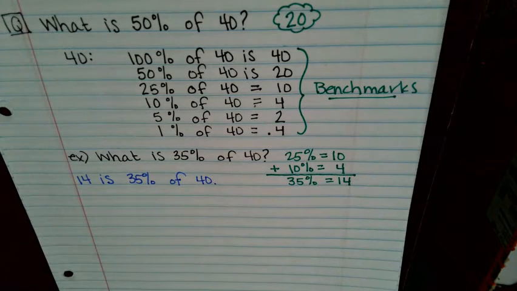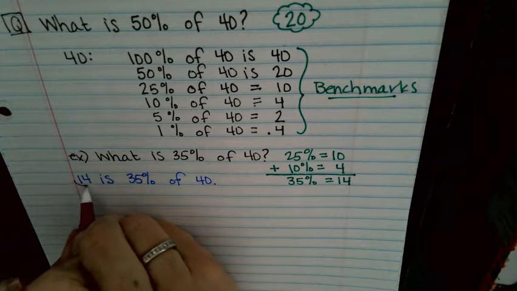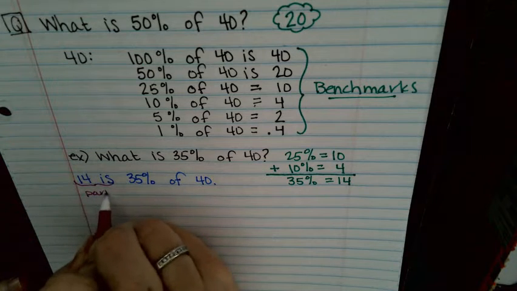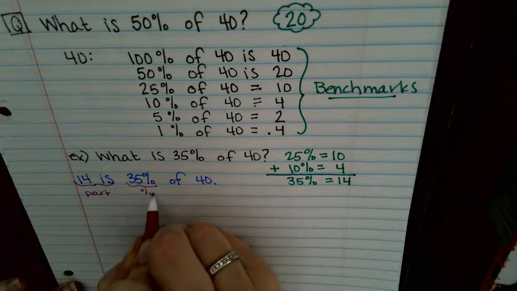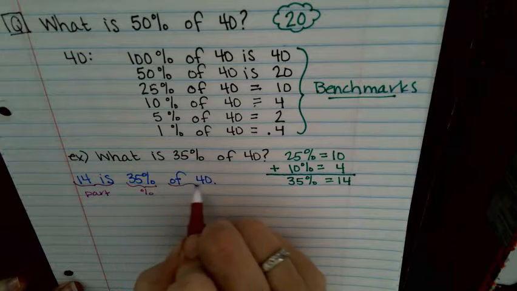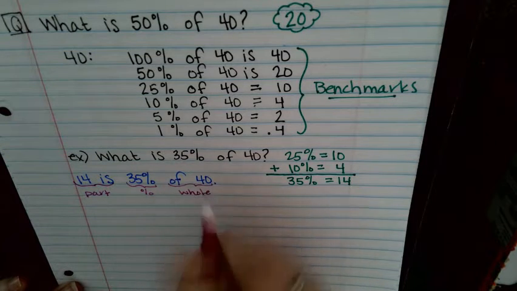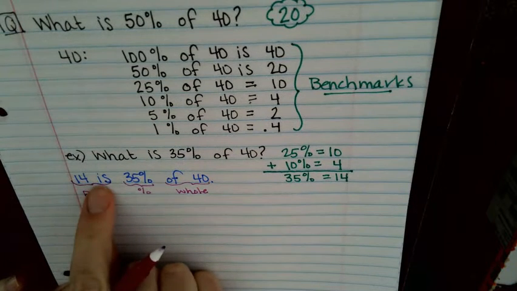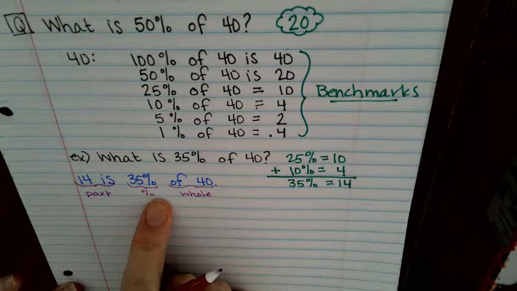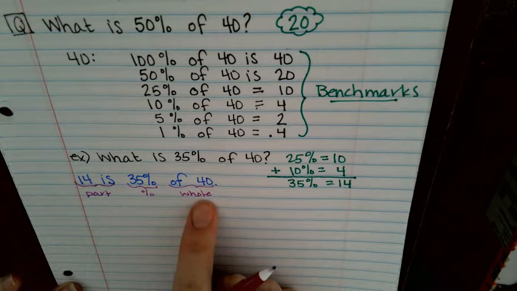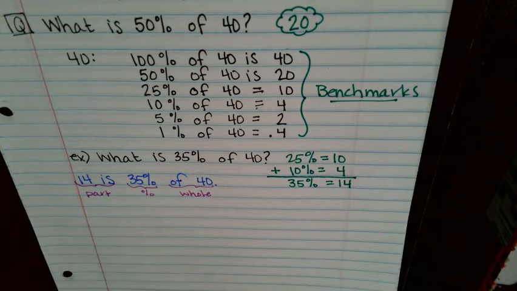Now what's really cool about this is 14 is the part, this is the percent, this will come in handy in a little bit, and this is the whole amount, okay? The part, 14, is the percent that I'm interested in, 35%, and the whole amount of 40. Pretty cool? Let's do another example.